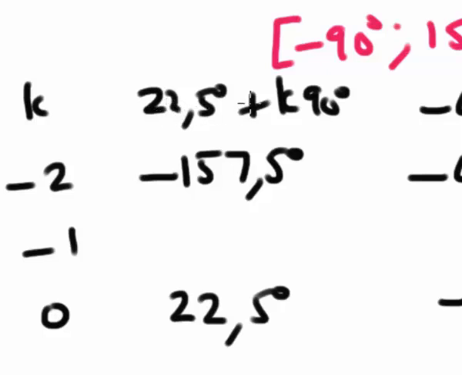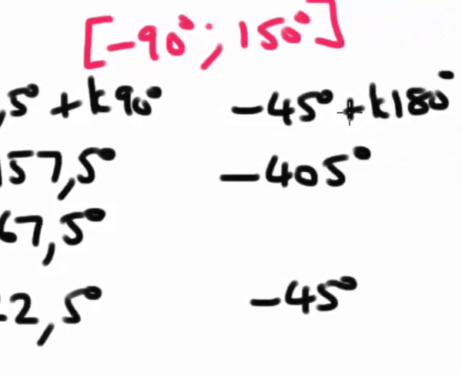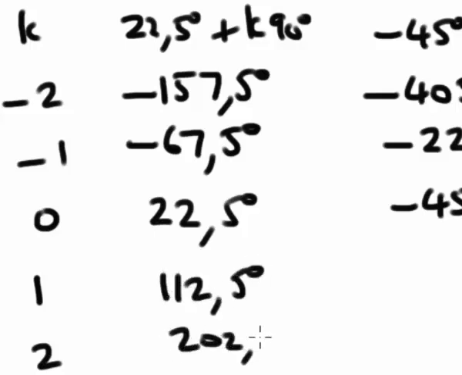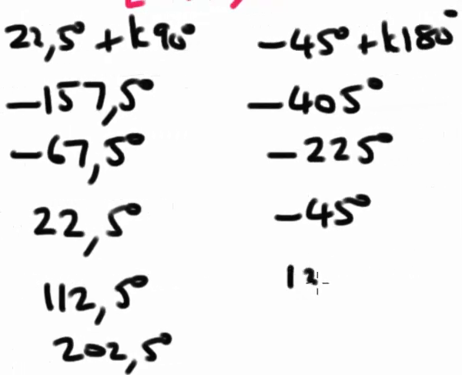Now 22.5 plus negative 1 times 90 is 22.5 subtract 90, which gives you negative 67.5. And negative 45 minus 1 times 180 is negative 225 degrees. If we continue this way, if you plug in 1, you get 112.5. If you put in 2, 202.5. This one would be 135, and this would be 315.